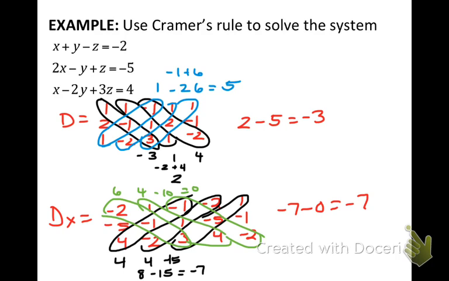Your d, negative 2, negative 5, 4. Our c's, negative 1, 1, 3. So there's my y matrix. Repeat the first 2 rows and find that determinant.